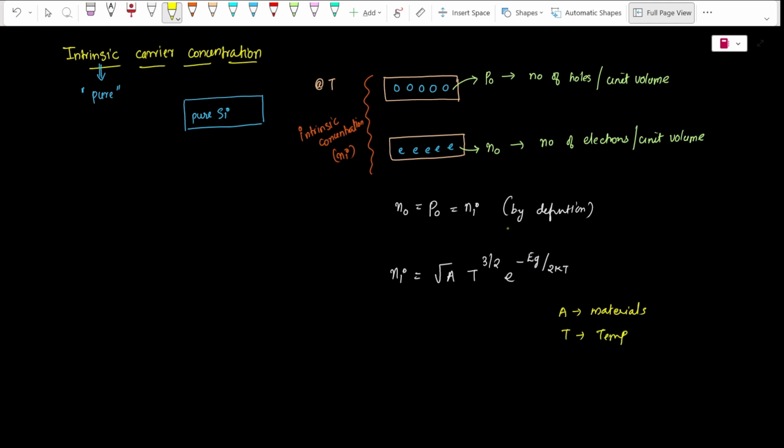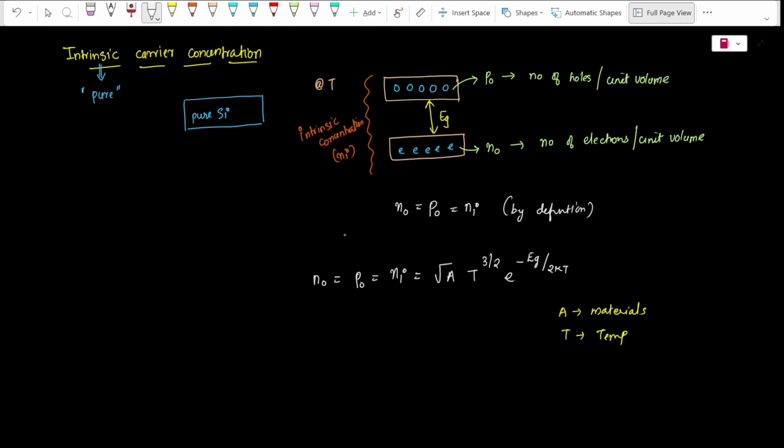Eg is the forbidden energy gap, and kT is something that we know, which is Boltzmann's constant times the temperature. So you can see here that if I increase my temperature, Ni will increase. And from the above expression, you can write this to be equal to P0 and this is equal to N0.